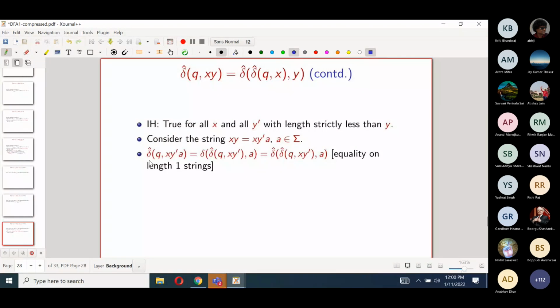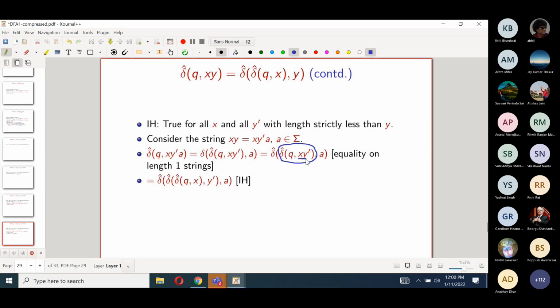Then the left hand side is delta hat q x y dash a. This can be written in terms of the inductive definition as delta of delta hat q x y dash comma a. And again, since a is a length 1 string, this can be rewritten as delta hat of delta hat q x y dash comma a. Now you apply the induction hypothesis over here.